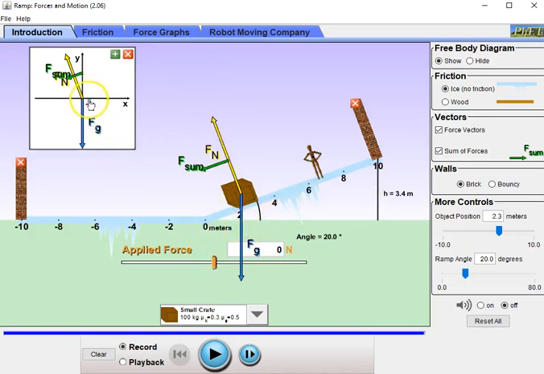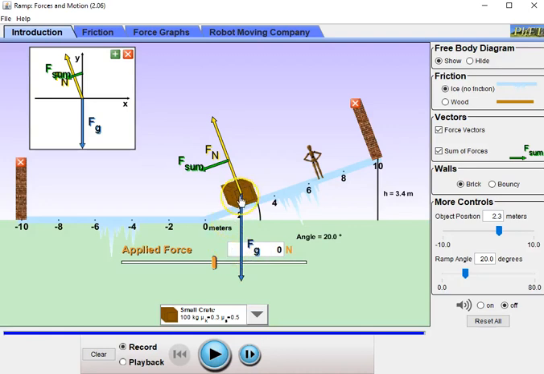Just think about x and y rotated in an anti-clockwise direction by an angle of 20 degrees, right? So just like so, x is over here now and the y is over here, the yellow arrow. So normal contact is perpendicular to the surface and the weight acts vertically downwards.